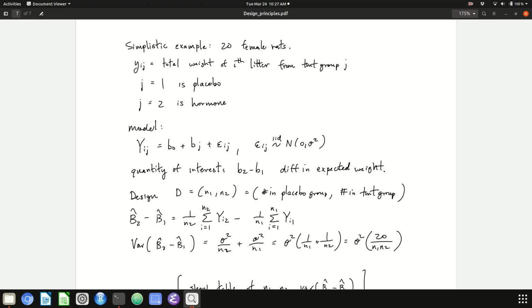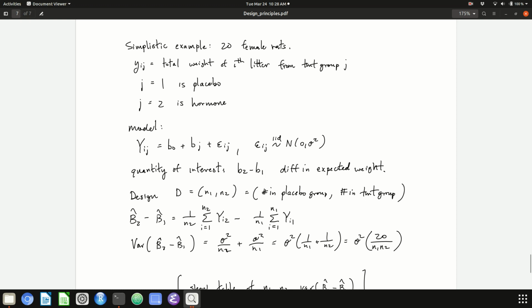We have 20 female rats, and we'll let little y_ij be the total weight of the ith litter from treatment group j. j equals 1 is placebo, j equals 2 is the hormone. And we model the data like this: y_ij is B0 plus Bj plus epsilon_ij.